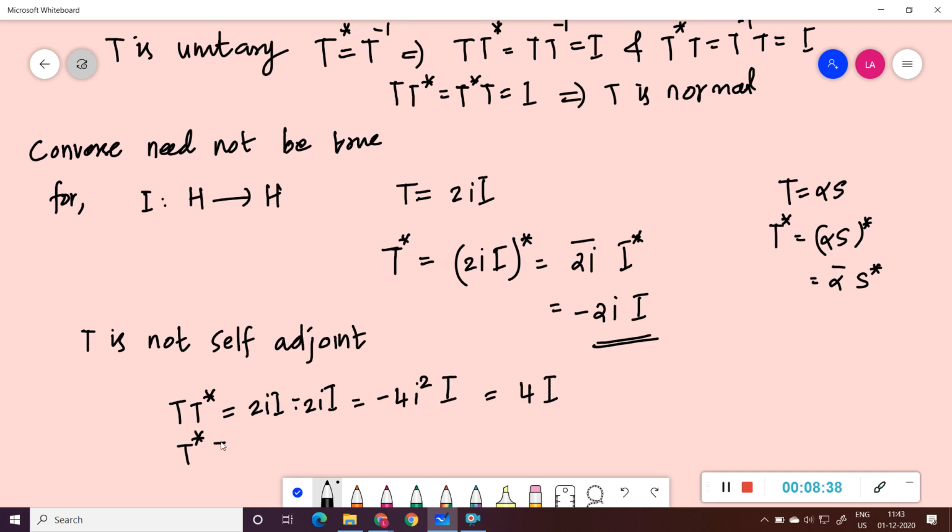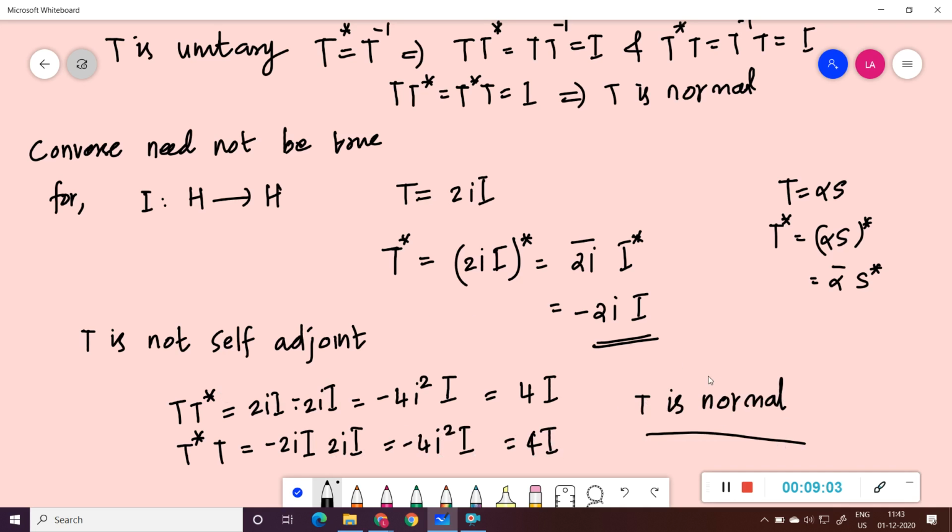Now T star T should be equal to minus 2i times 2i, which is minus 4 i square I, which is 4I. So T star T and T T star are the same, which implies that T is normal. So this operator is normal, but it is not self-adjoint. So every normal operator need not be self-adjoint. Even though every self-adjoint operator is normal, the converse need not be true.